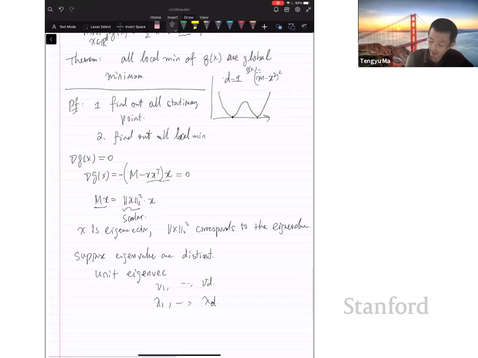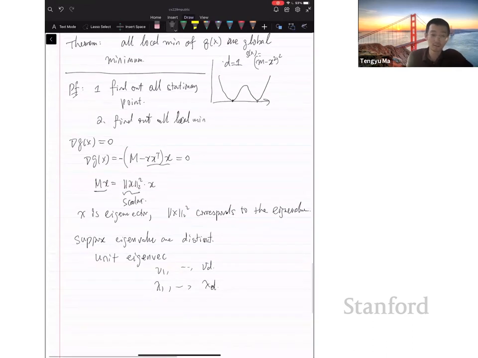Then all the stationary points are of the form x equals plus or minus square root lambda i times v i, because if you measure the 2 norm of x squared, you get lambda i, the corresponding eigenvalue. These are all the first order stationary points of this problem.